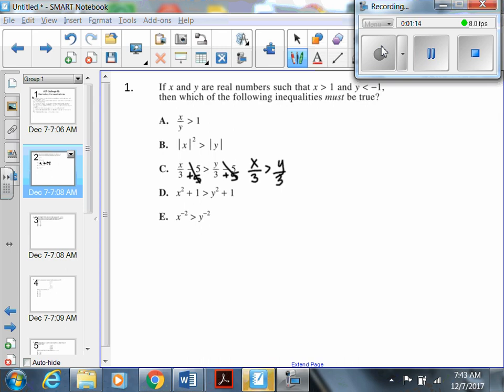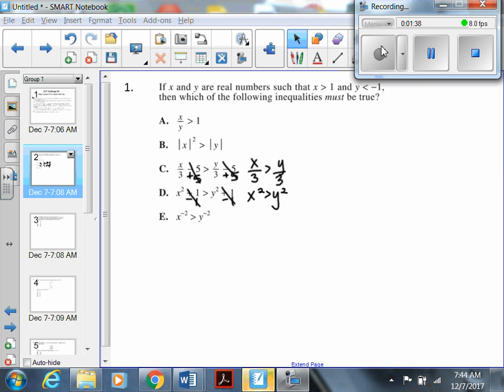Much easier to work with than the original answer choice. I'm going to do the same thing for answer choice D. I'm going to subtract 1 from both sides, and then those 1s get canceled out. So our actual answer choice for D is x squared is greater than y squared. Again, much easier to use than the actual answer. Not a completely necessary step, but I always find it to be pretty helpful.